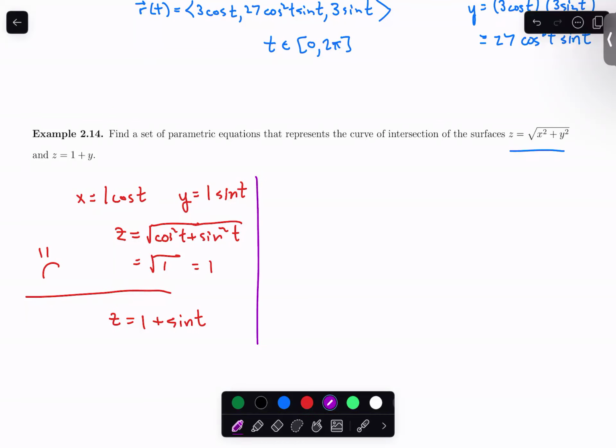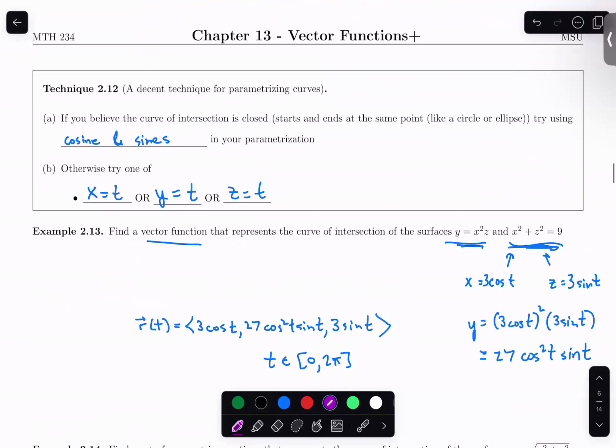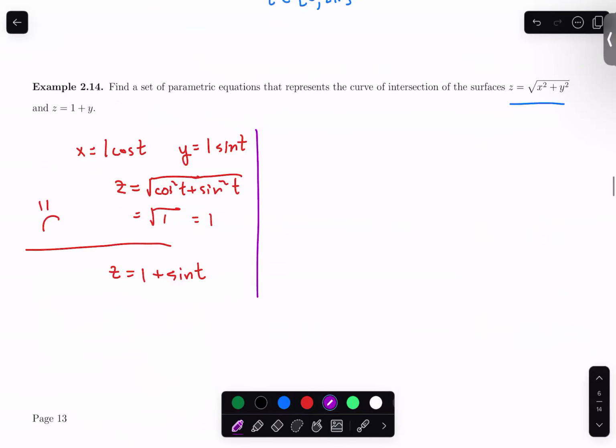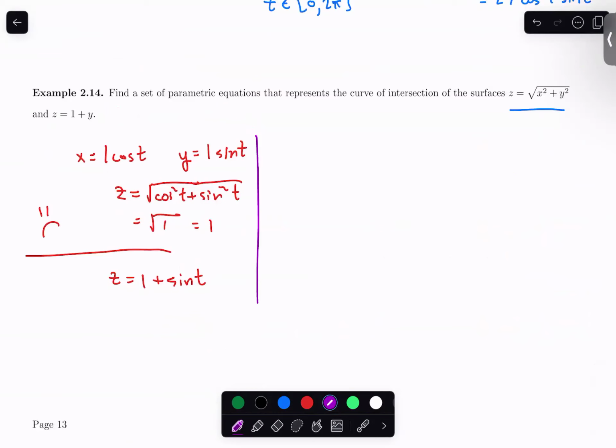Since it's not a closed curve, since the sines and cosines didn't work out, the next step is maybe letting either x be equal to t, or y be equal to t, or z be equal to t. I can see here that if I guess y is equal to t, I could solve for z very fast.